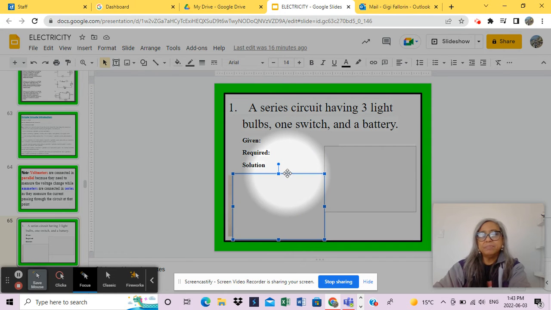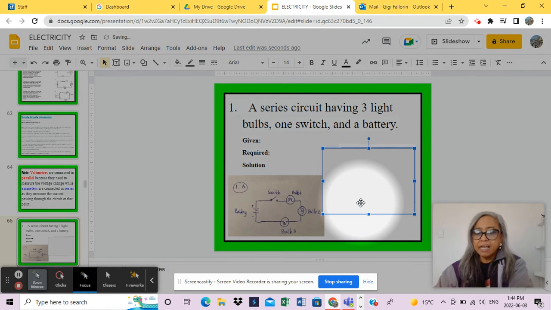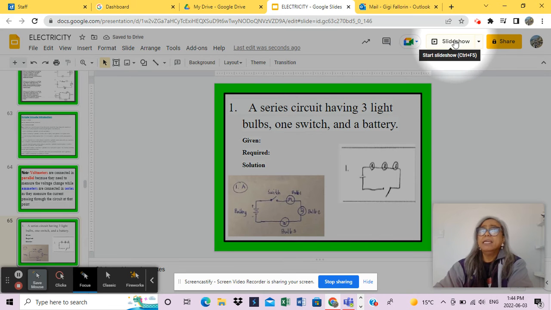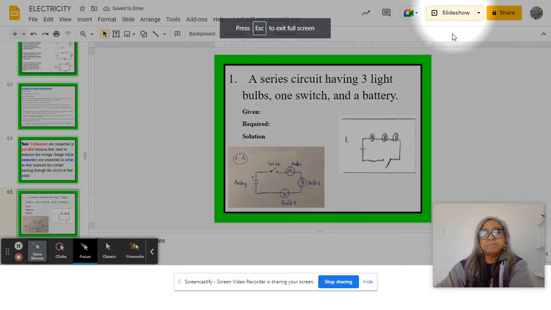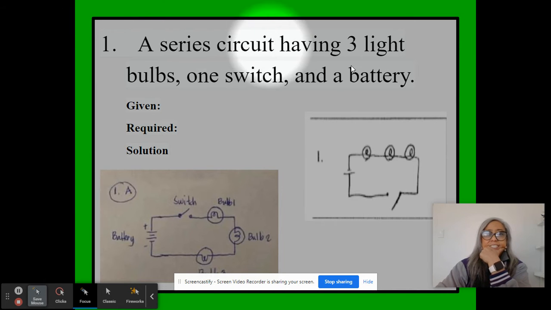So if you have this, let's have two different versions. It's actually the same thing. So here, a series circuit having three light bulbs. Series would be one loop like this. So you can position it this way.